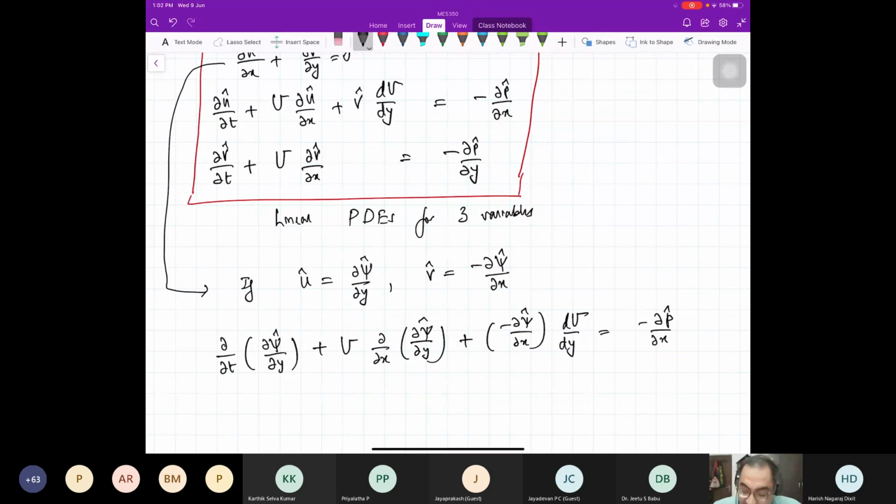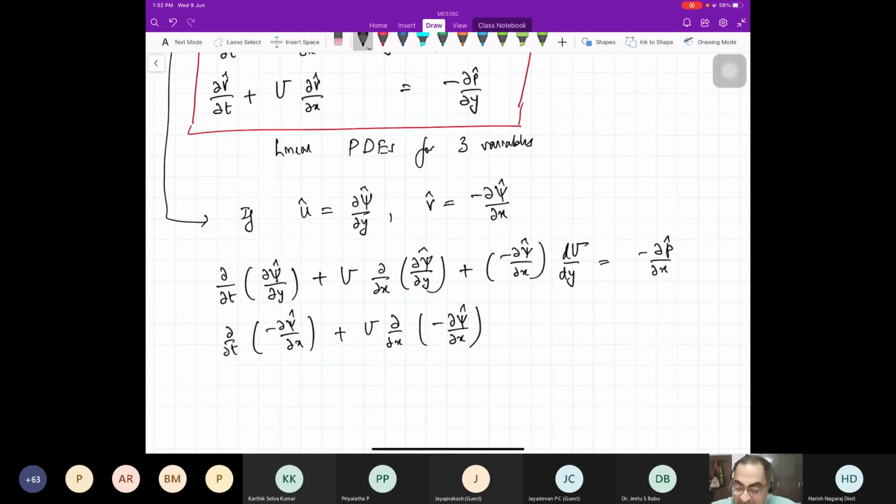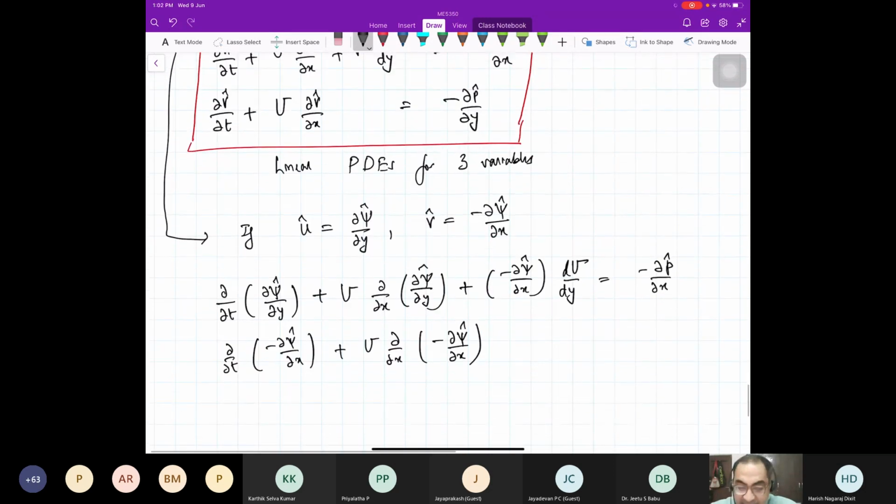Similarly, the other equation becomes ∂/∂t of minus ∂psi hat/∂x plus capital U ∂/∂x. v is minus ∂psi hat/∂x. This is my expression for v. Correct? So far looks okay to me. This is minus ∂p hat/∂y.